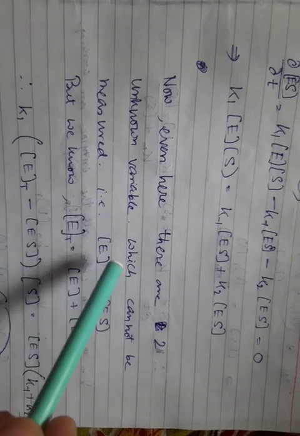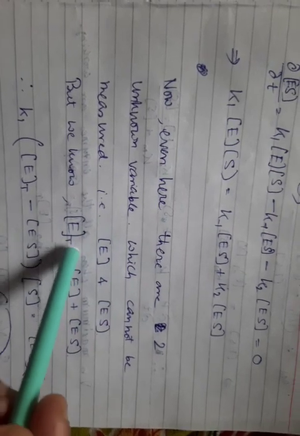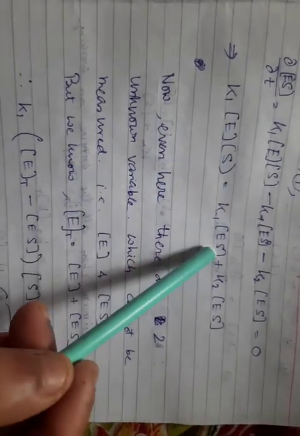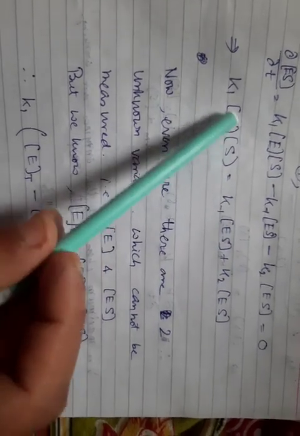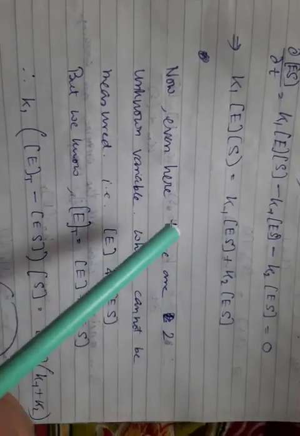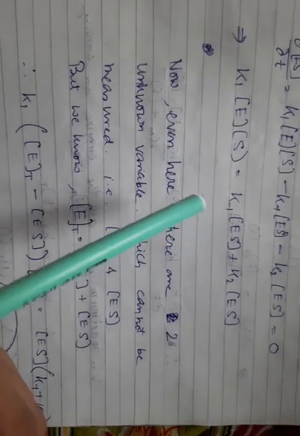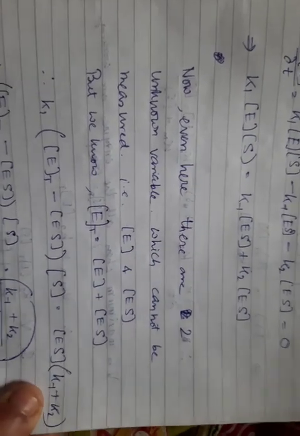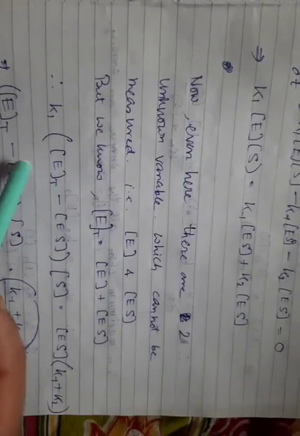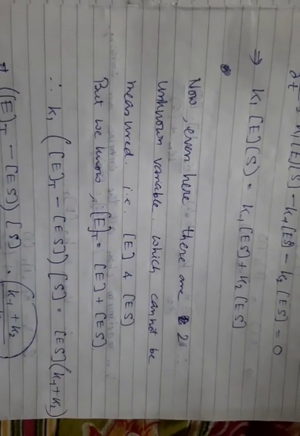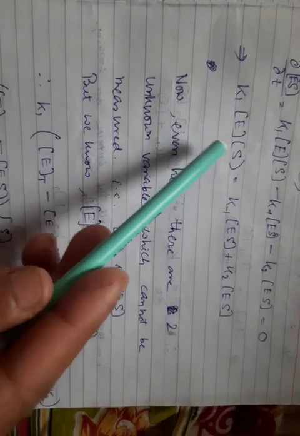We know the total amount of enzyme we are giving, which is equal to this plus this, because this is the amount of free enzyme at that time and this is the amount of bound enzyme, equal to the total enzyme I gave. From that I can get this, and from this I can write this, because this was E.